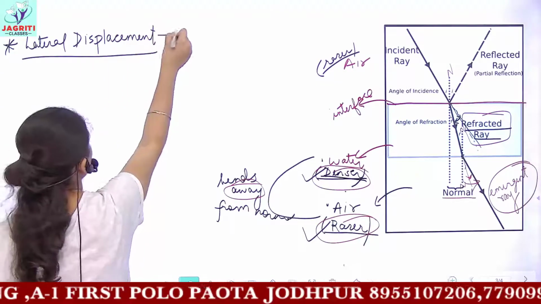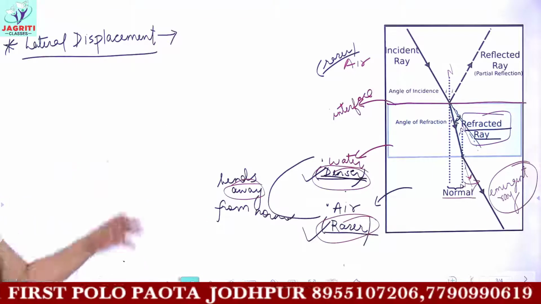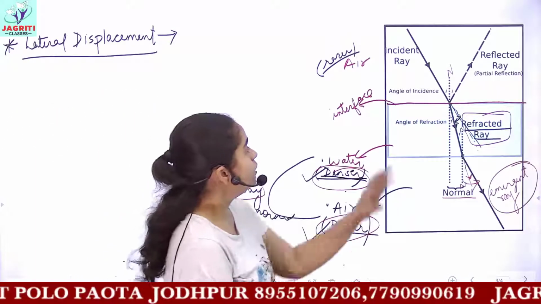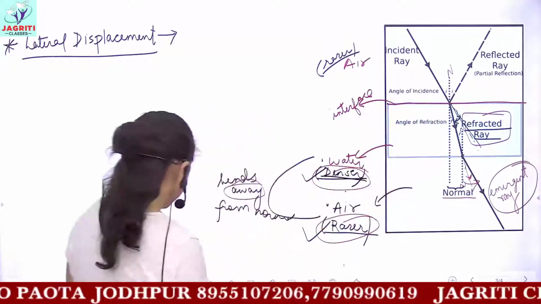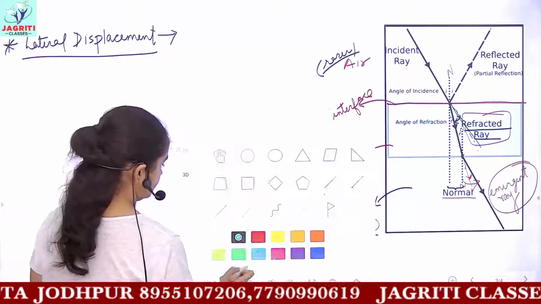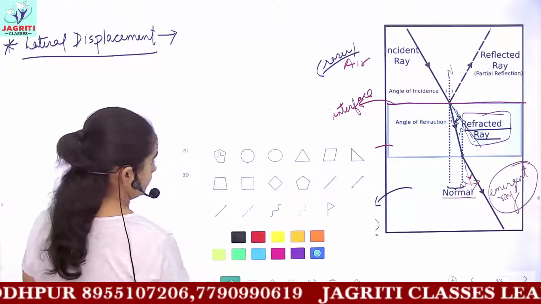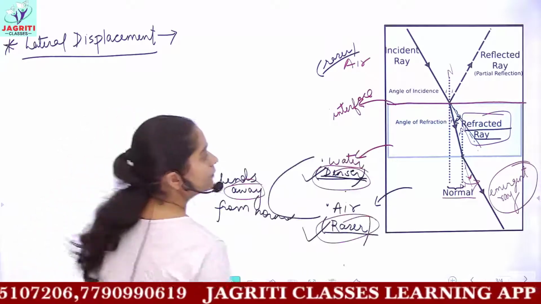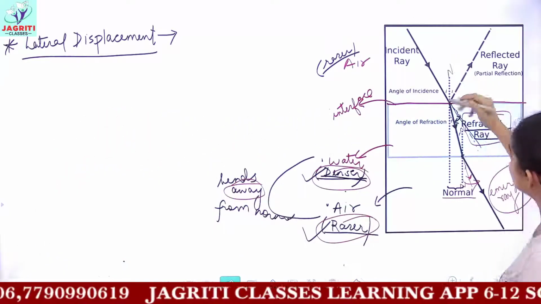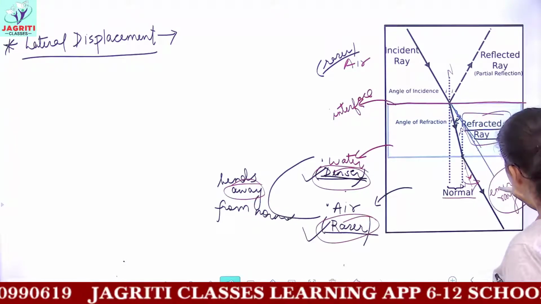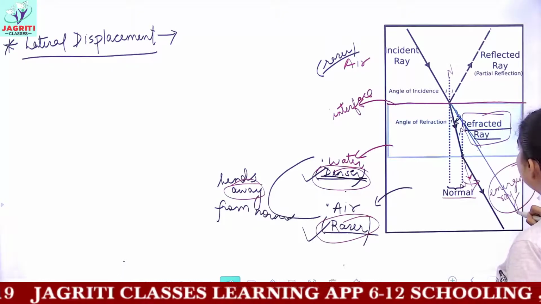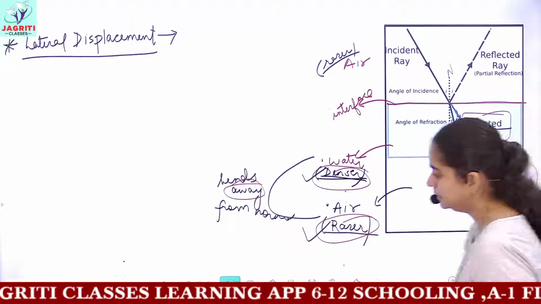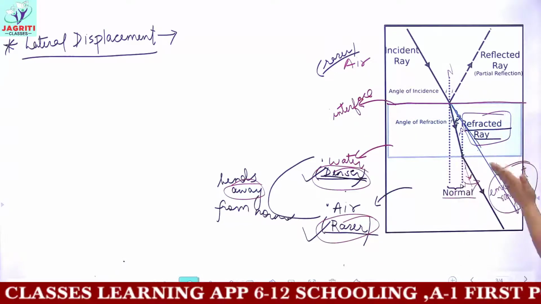So this term is very important, lateral displacement. Lateral displacement is what? Let's draw this incident ray with a different color. This incident ray which was originally coming, if no refraction occurs, then it should move in this direction.